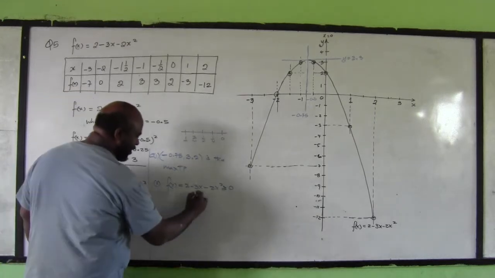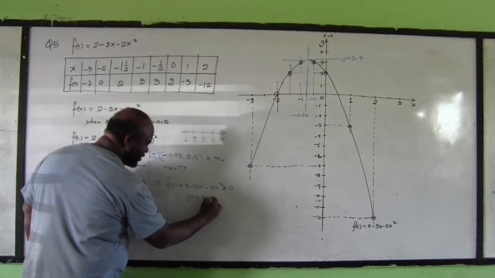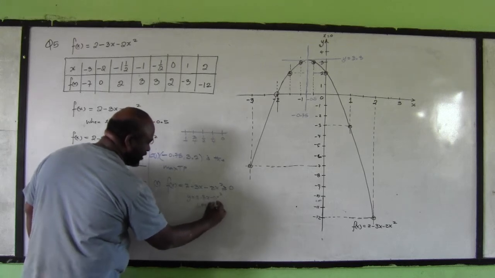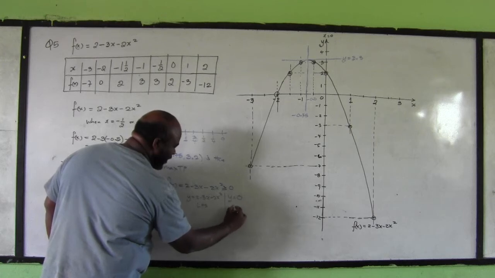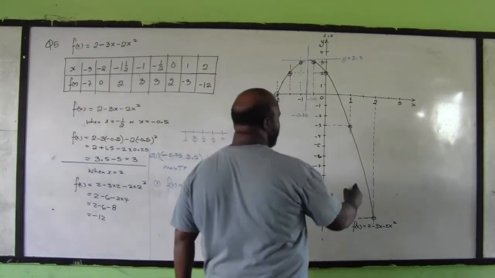Remember we have to draw the graph of the left hand side, which is y is equal to 2 minus 3x minus 2x squared, and y is equal to 0, the right hand side. We already drew both of them.